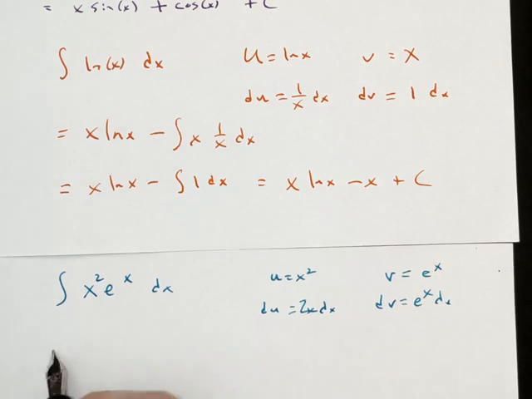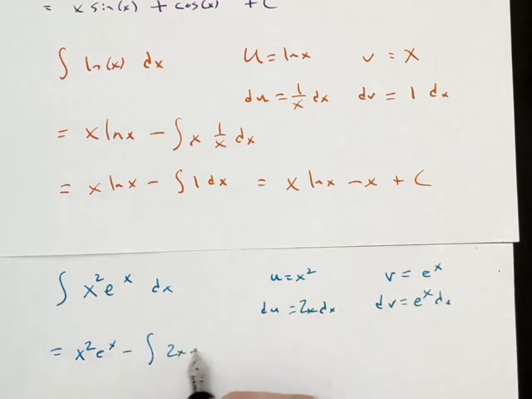So when I apply the integration by parts formula, that second integral, if I take the 2 out in front, is x e to the x again, isn't it?